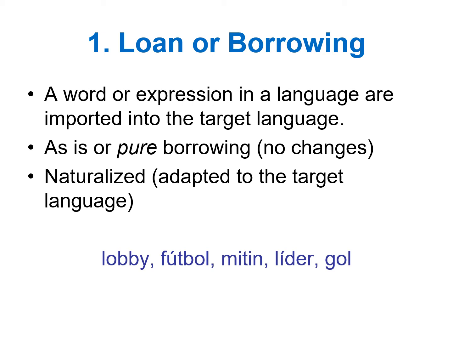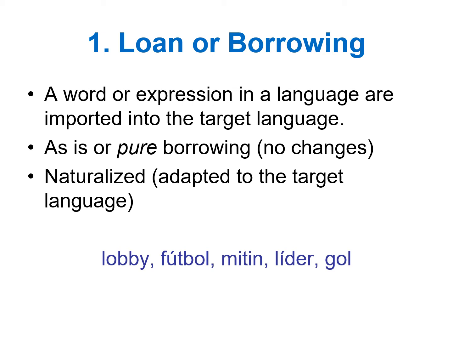So these borrowings can be pure with no changes, or can be, so to speak, naturalized or adapted to target language conventions, spelling, pronunciation, and so on and so forth. Every language has loans or borrowings. Lobby, football; you can see football is being naturalized with an accent and with changes in spelling. Meeting is an interesting one, because some of them do have changes in meaning.